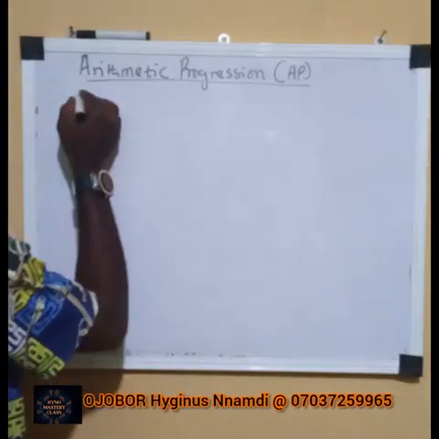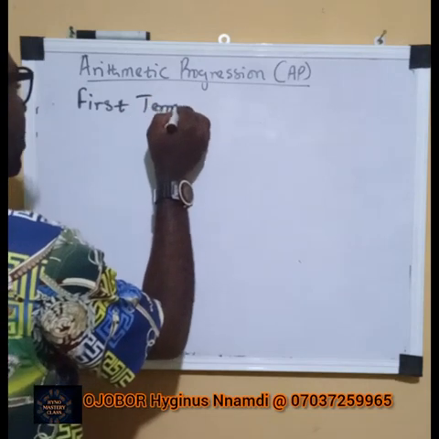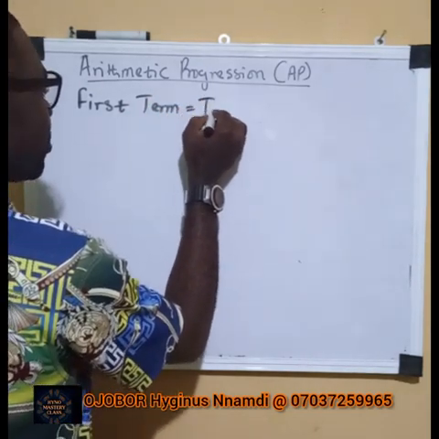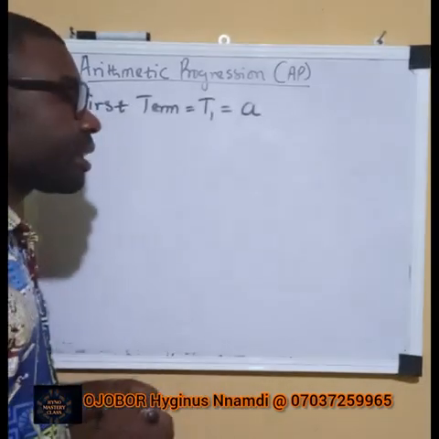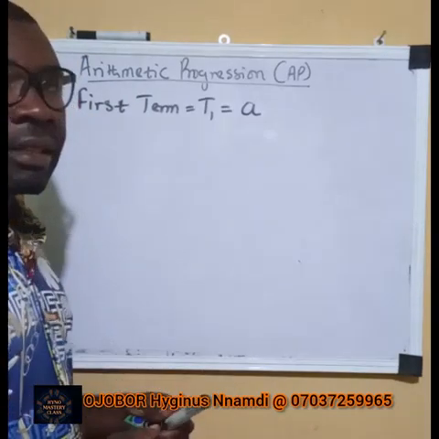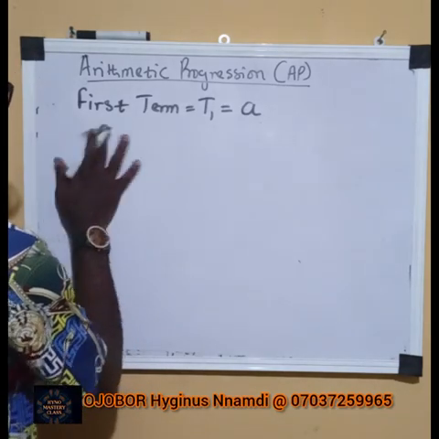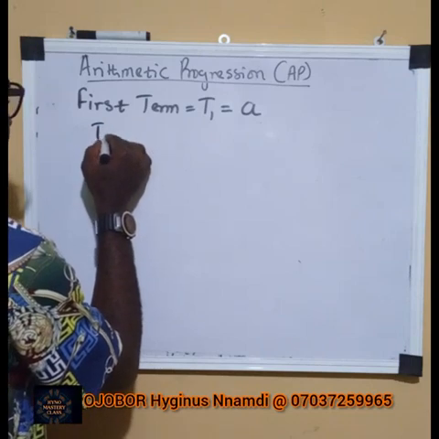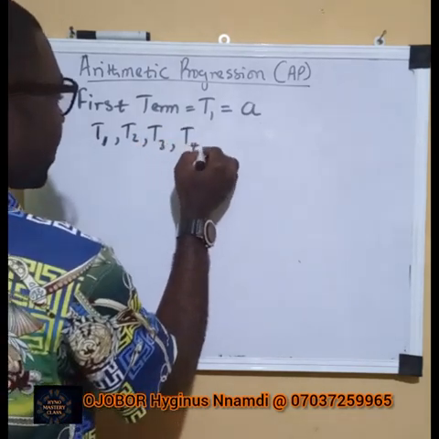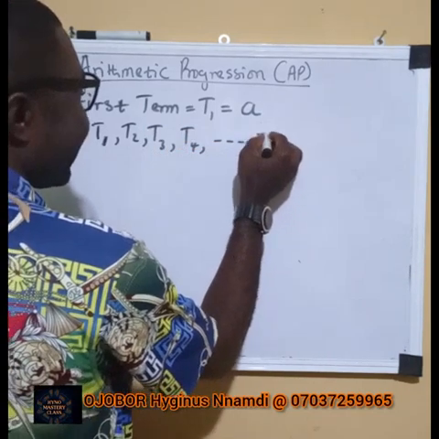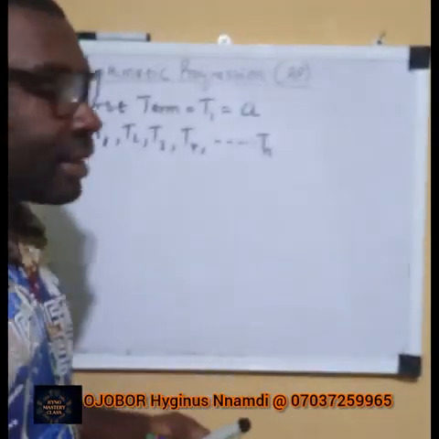In the course of this study, I'm going to use T1 to represent it, which is generally represented as A. The first term is generally known to be A in a sequence. Then we have the second term, followed by the third term, followed by the fourth term, and so on, followed by the last term, which is the nth term, depending on where the term ends, if it is a finite sequence.